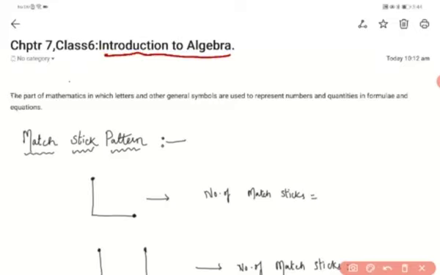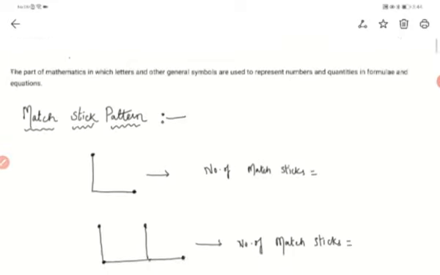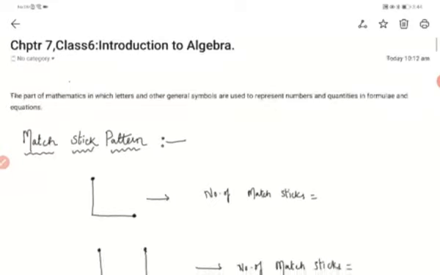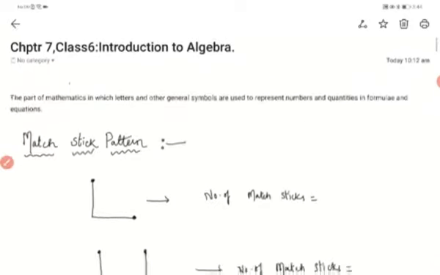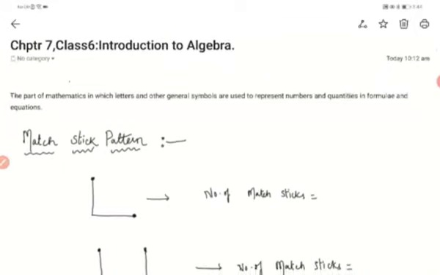Introduction to arithmetic we had seen, and in that, what all have you studied? You had studied ratios and then percentages, right? Now today we are going to start with the new unit, which is called algebra, an introduction to that.